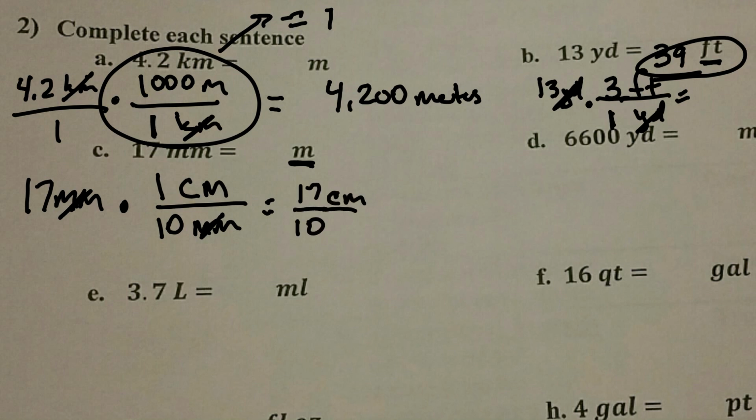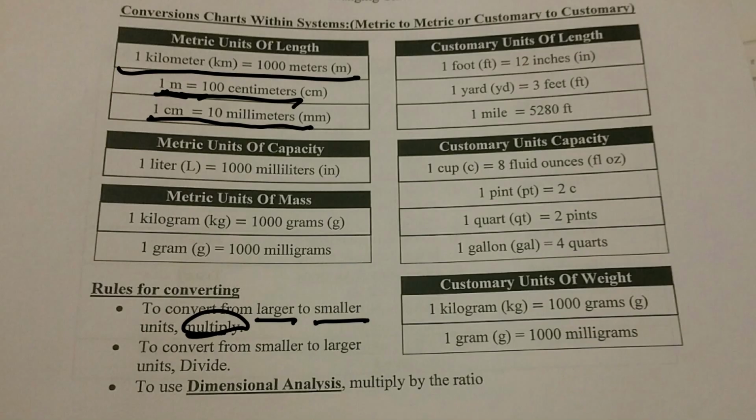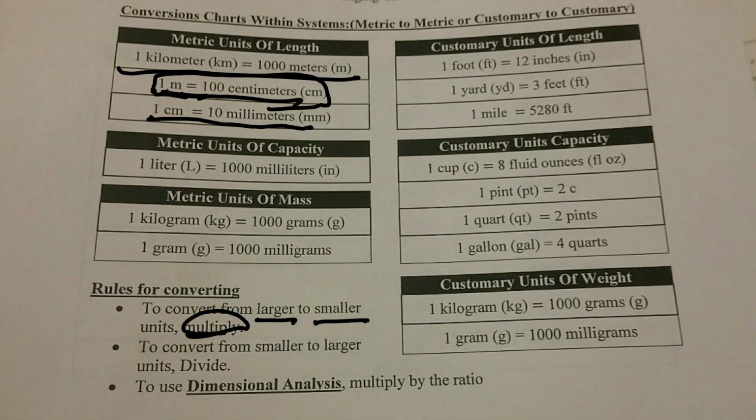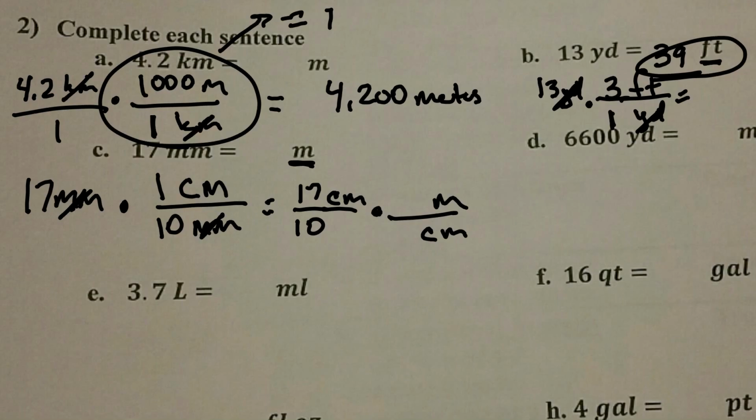centimeters. Now I want the centimeters to go away into meters, so I look at my chart. Centimeters to meters. I'm going to use this one right here. And I want to end up with meters, so I want centimeters on the bottom and meters on the top. I look at my chart. 1 meter is 100 centimeters.